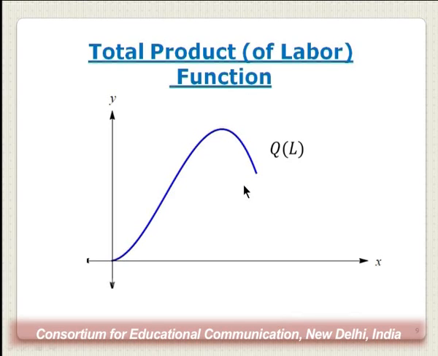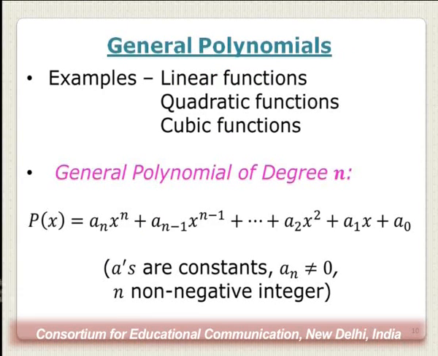Here total product is plotted as a function of labor employed, which is my variable factor, and you can see it first increases at an increasing rate, then a decreasing rate, reaches a maximum, and then starts falling. This is exactly what you would see even in economics textbooks. So these are the examples that I have from economics, and in this sense cubic functions are very helpful in our theoretical analysis in economics.